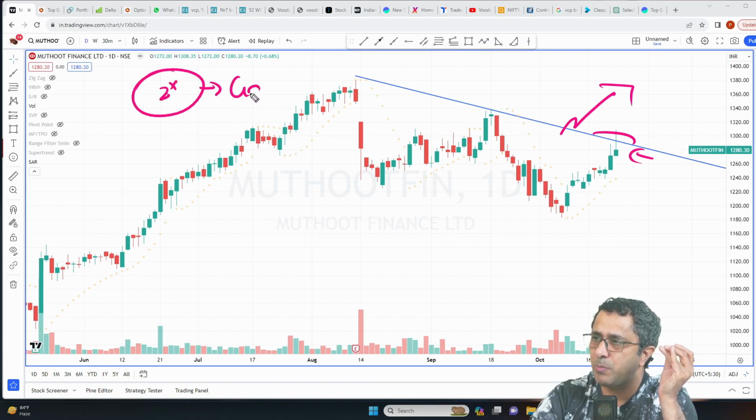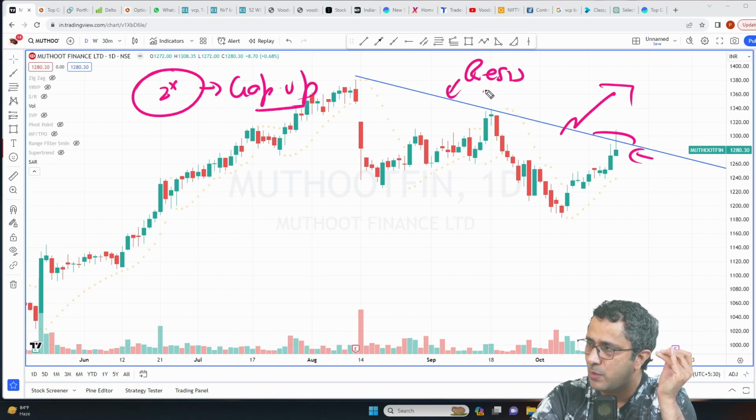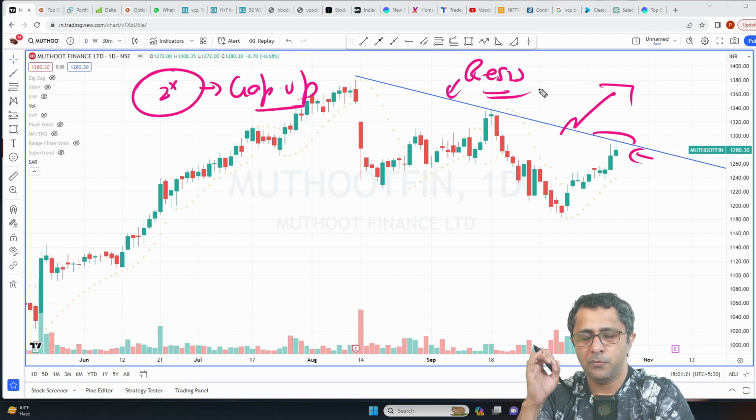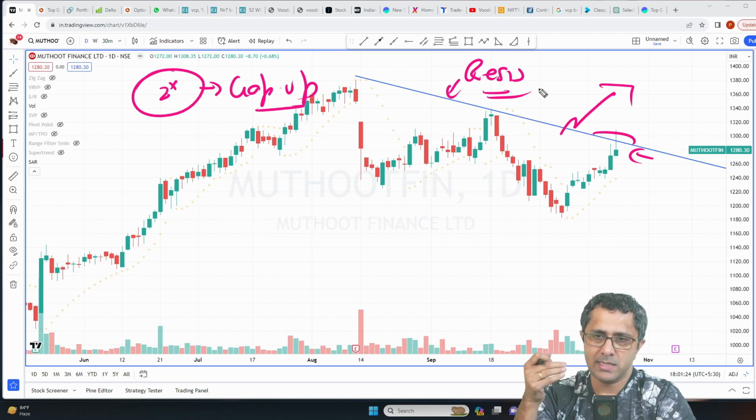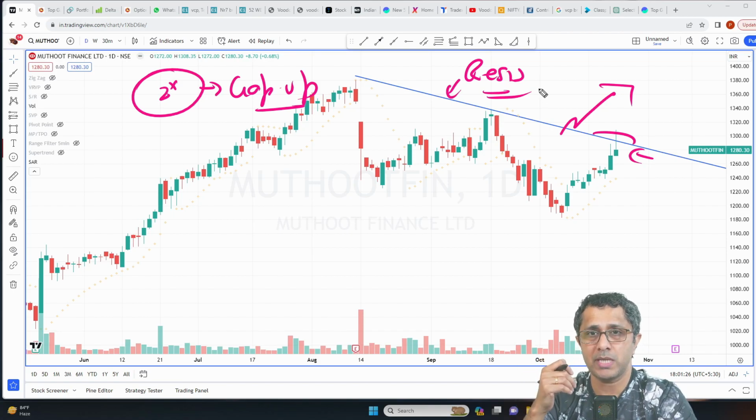If there is a gap up above this resistance, right? Please keep in mind, if a stock is the highest gainer and the next day there is a gap up, it shows that there is strength for the very next day also among the buyers, and it can go for a very good up move.